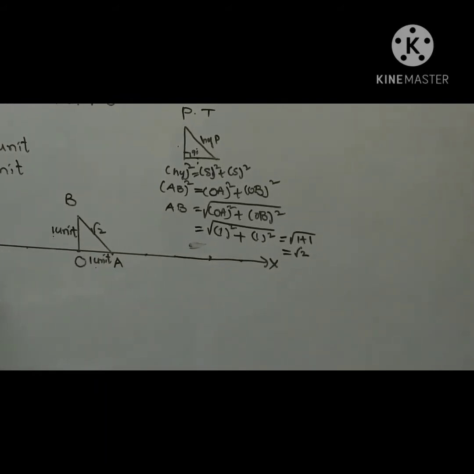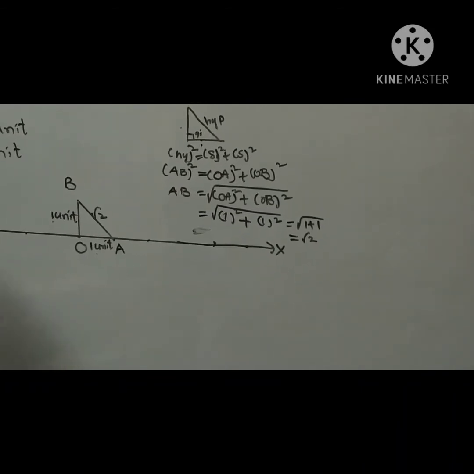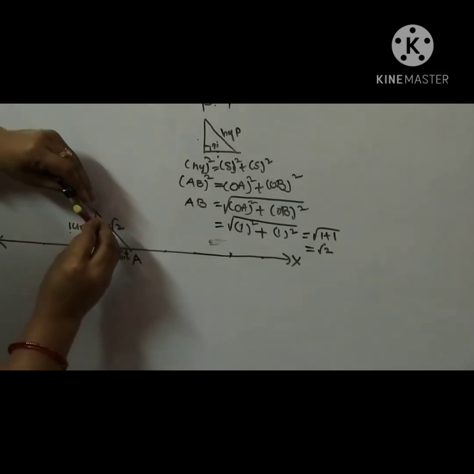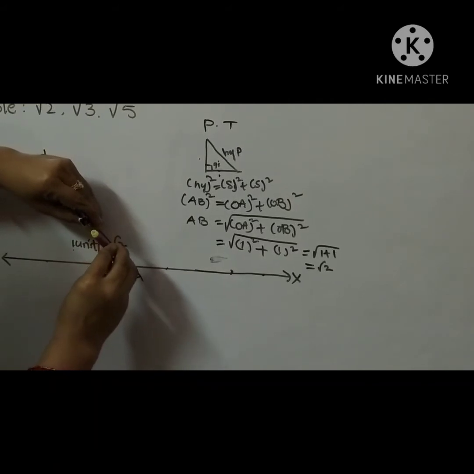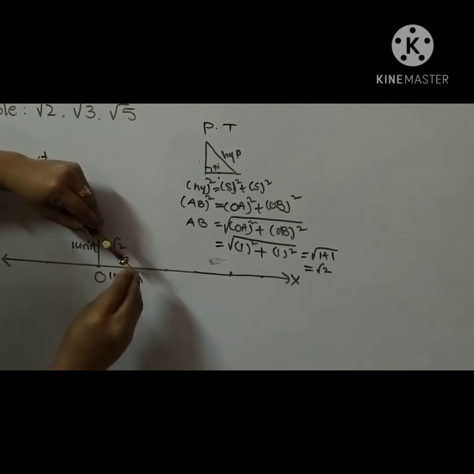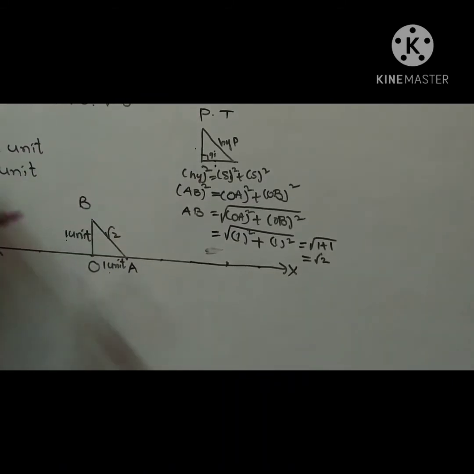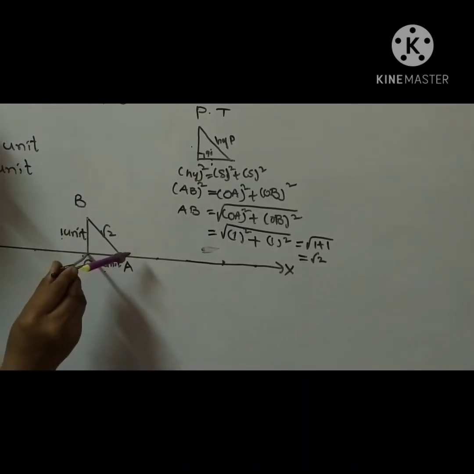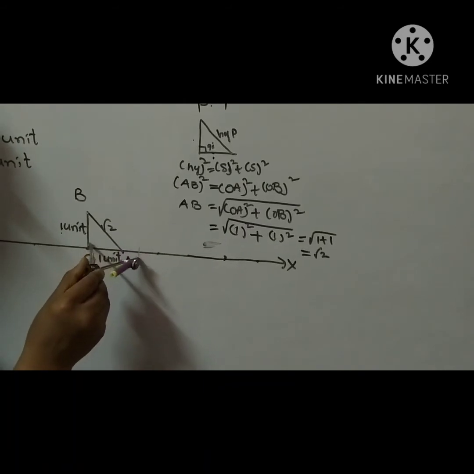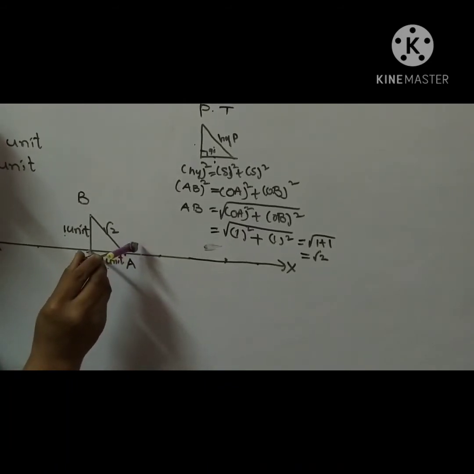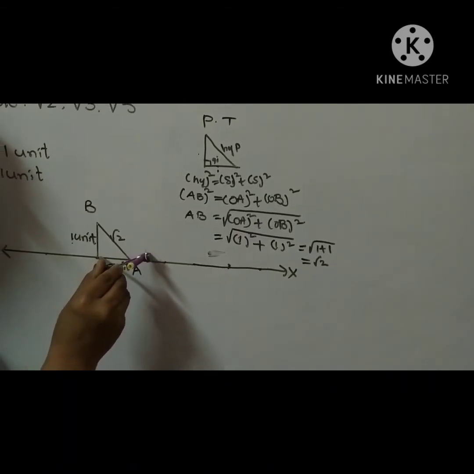In this case, you have to take the distance of AB. Take the distance AB. Then with the same distance, with the center O, draw one arc.